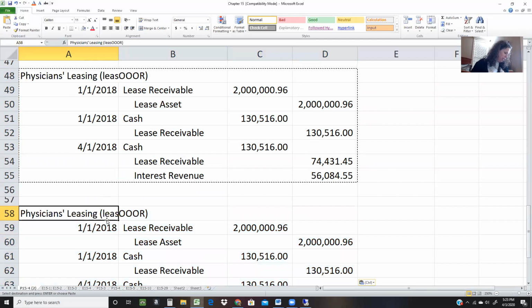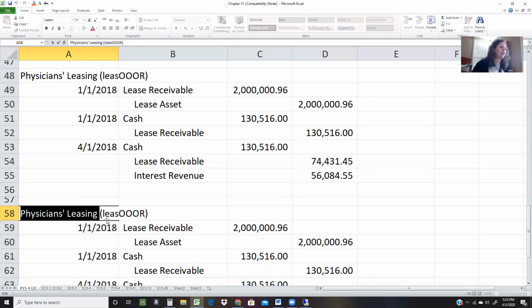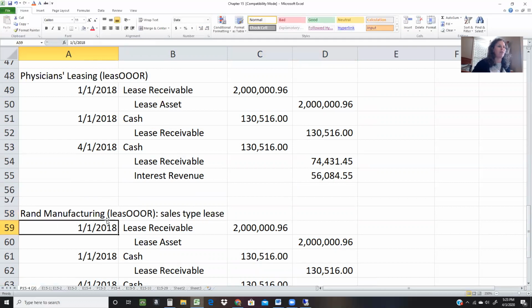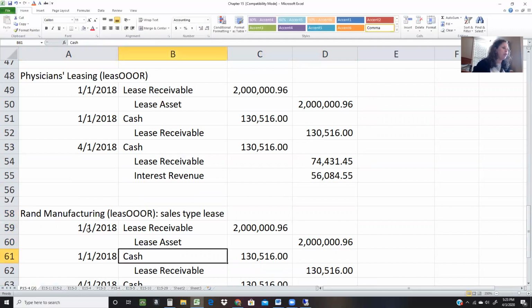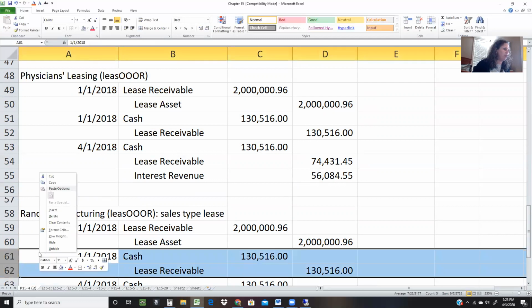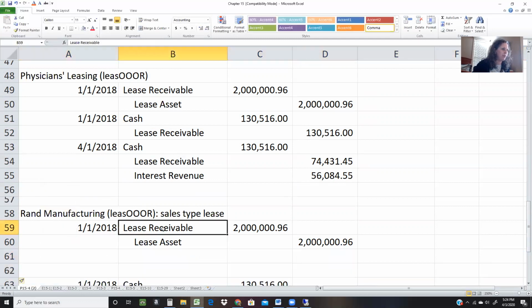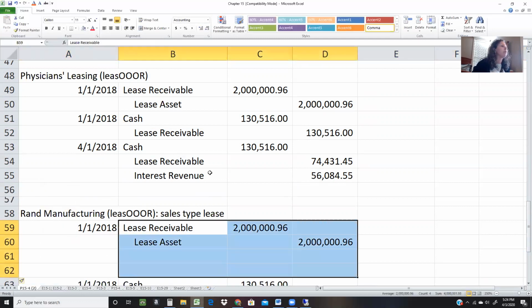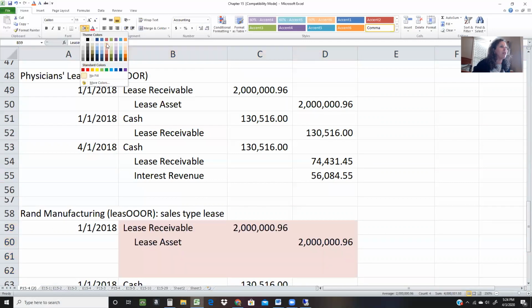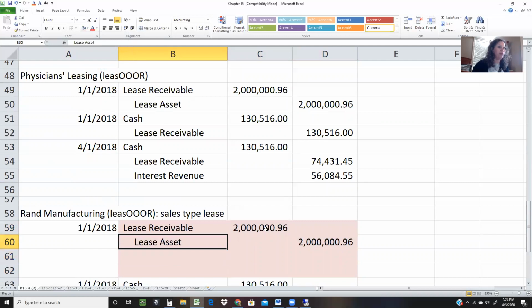So now, instead of getting it from physicians leasing, let's say that we have an in and we just contact Rand Manufacturing instead. So this makes it a sales type lease instead of a direct financing lease. So the only difference is in our very first journal entry, where instead of one journal entry, we'll have 2.